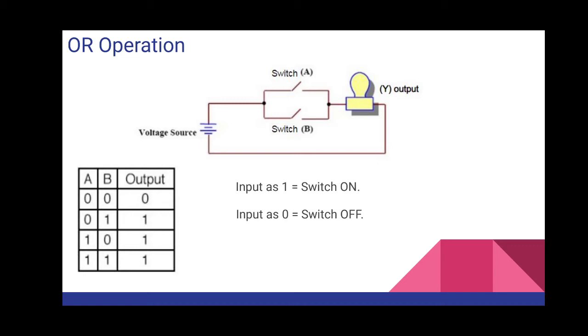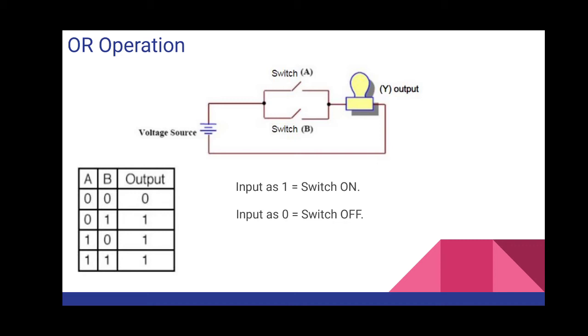Same, the first condition, you can see both are false, 0 0 input. So obviously my output will be 0. Why? Because what is the condition? That at least one input has to be true, then only you will get output as true. Agree? And what hint I have given? That this OR operation is like an addition.